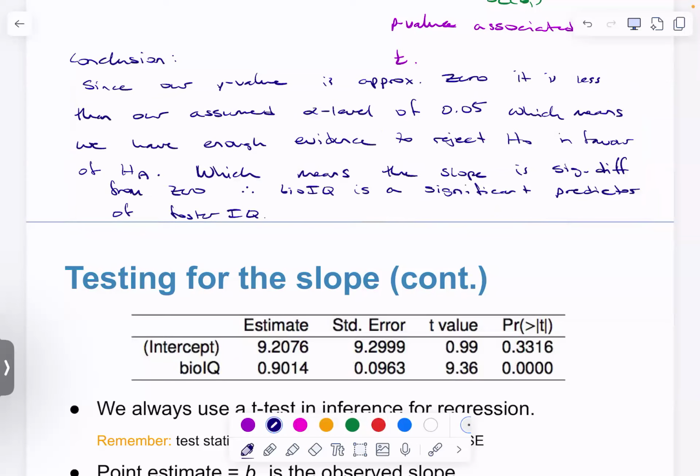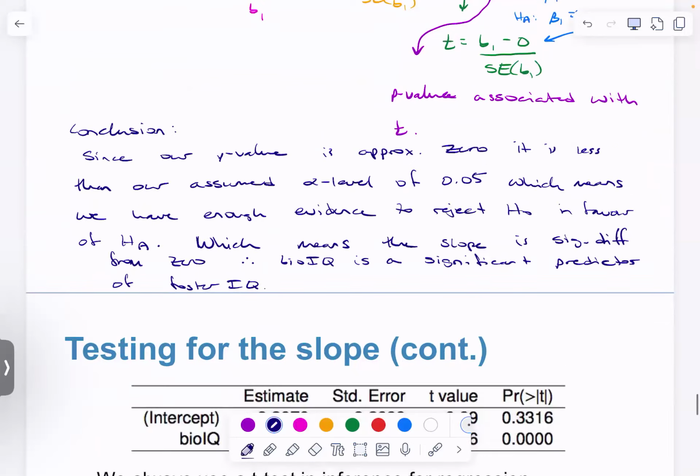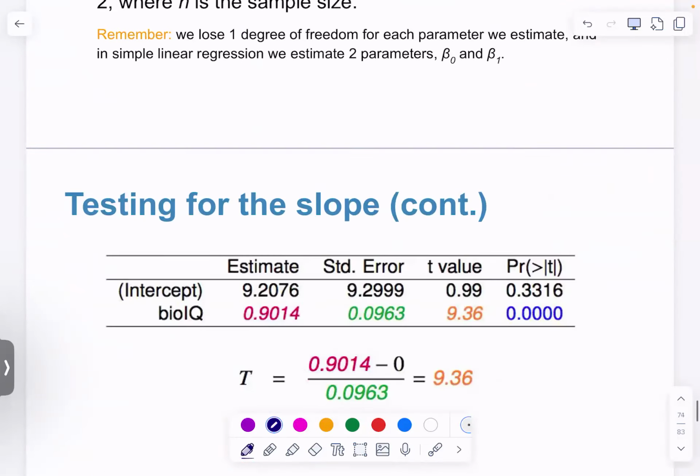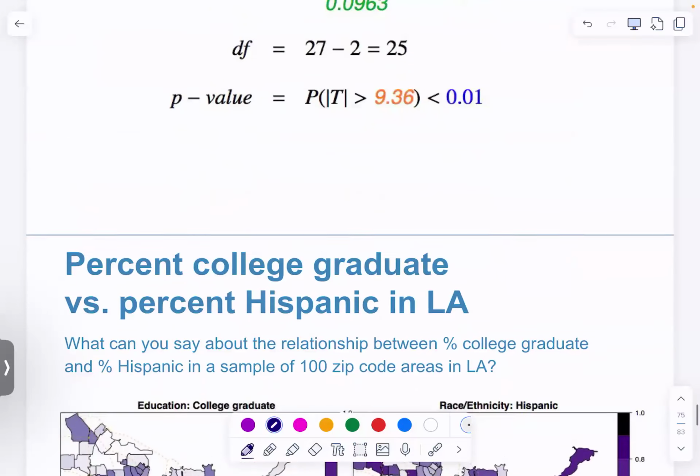Right? It helps me predict the Foster IQ. The rest is just a summary of exactly what we did.